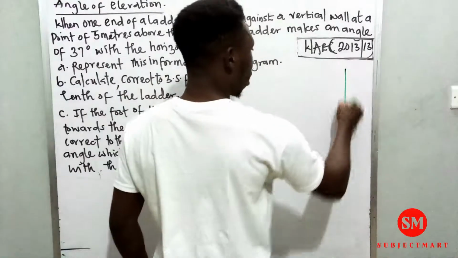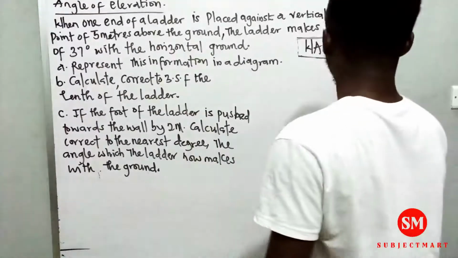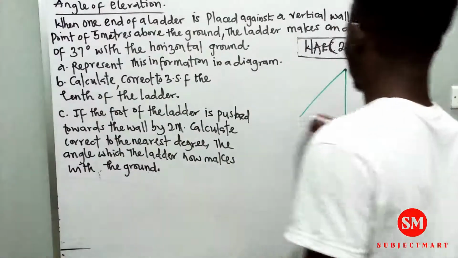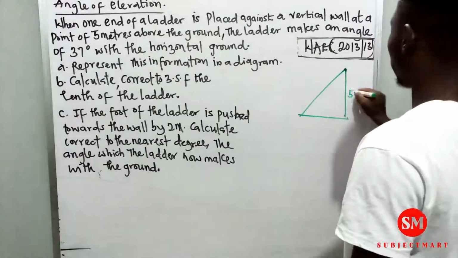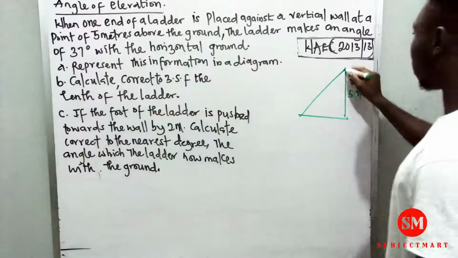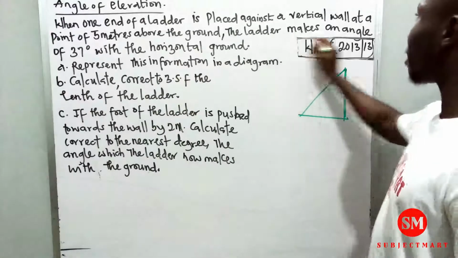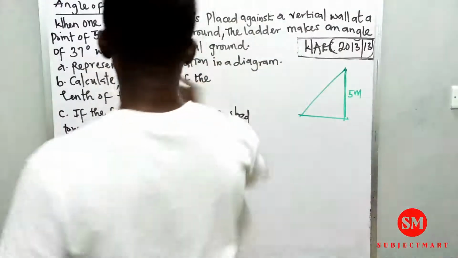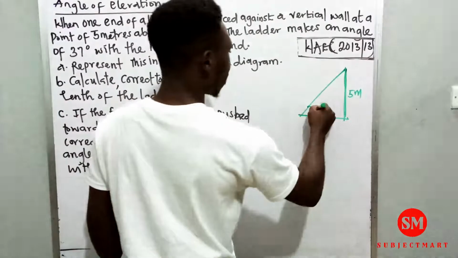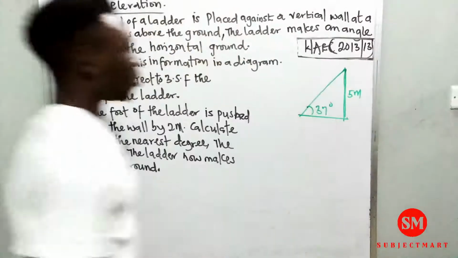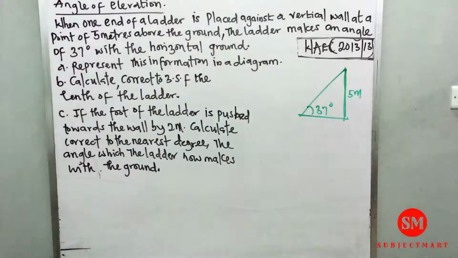If this is the wall, and one end of the ladder is placed here, 5 meters above the ground. Now, the ladder makes an angle of 37 degrees with the horizontal ground.